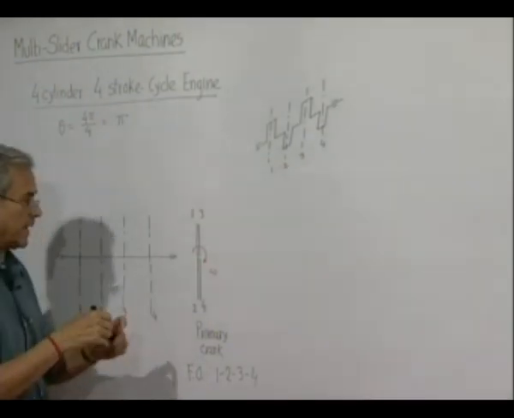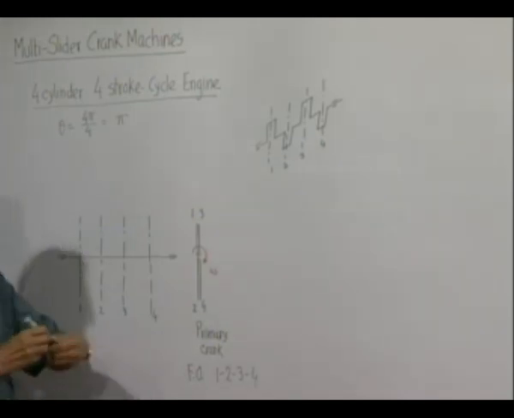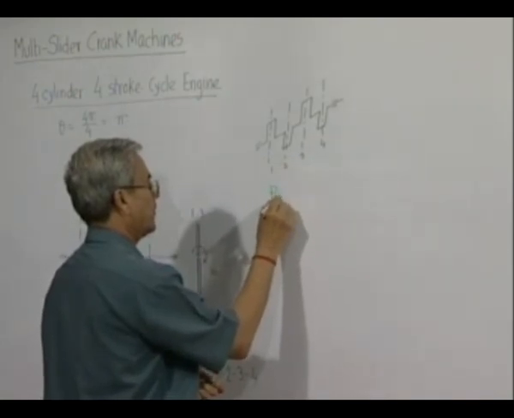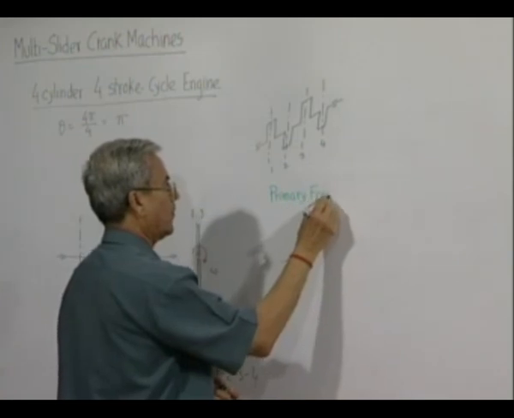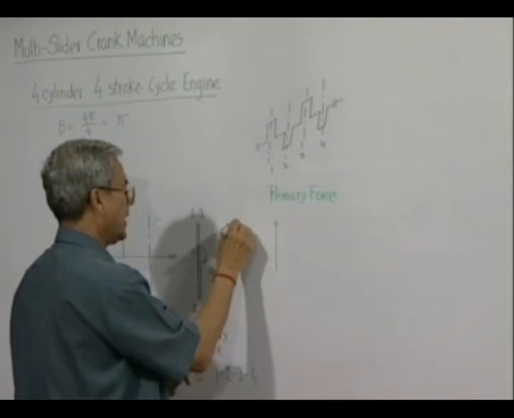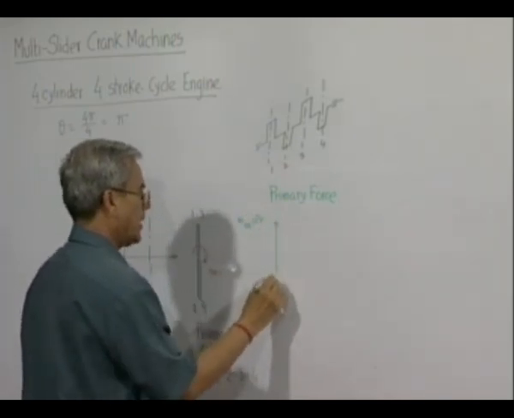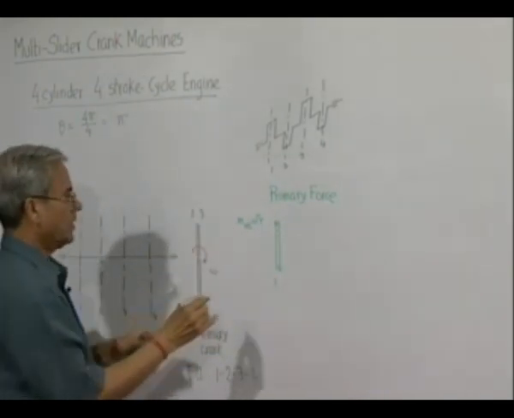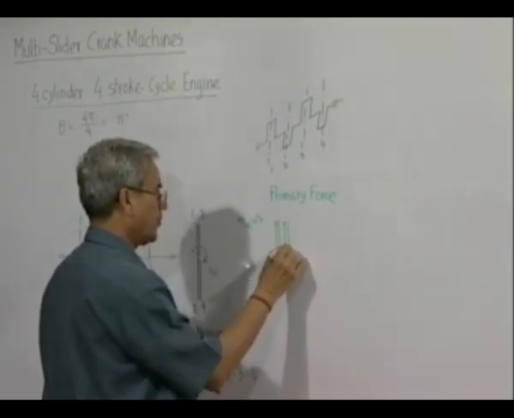So, in this case again we will now quickly take care of the vector diagrams, the primary force diagram. It will be 1, and the magnitude is m reciprocating omega square r, this will be number 1. Number 2 will be just opposite in this direction, number 3 will be of the same magnitude in this direction, and number 4 will be in this direction.